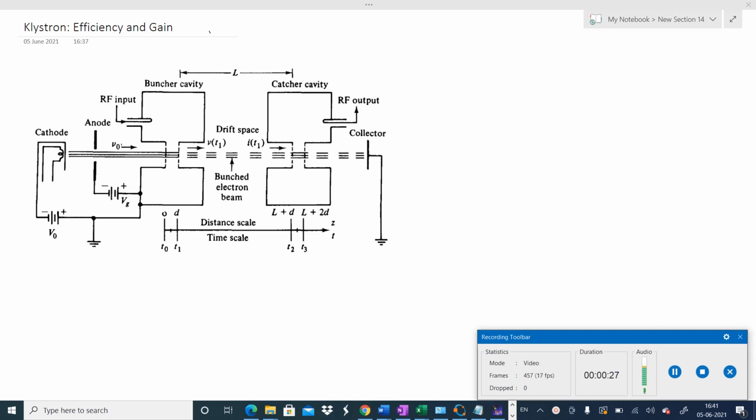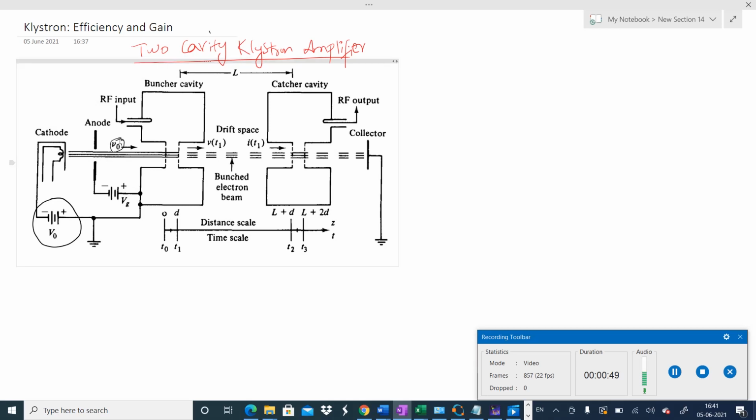So here is the two cavity klystron amplifier. You have a DC source V0 here, which will excite the cathode, and after the cathode gets heated up, electrons leave the cathode and they attain constant velocity, uniform velocity V0, and then they approach the buncher cavity grid.